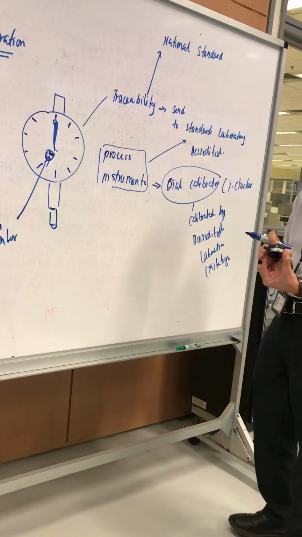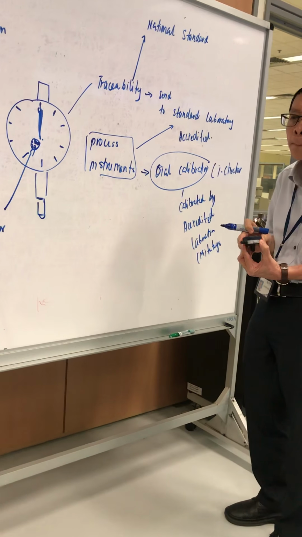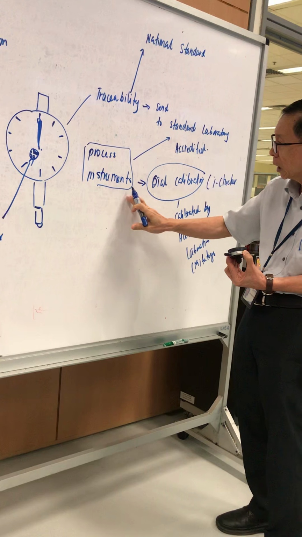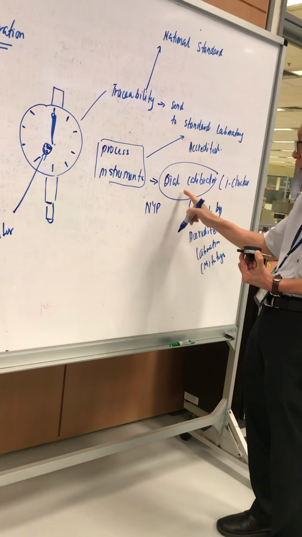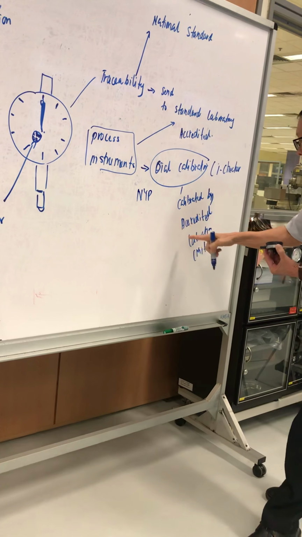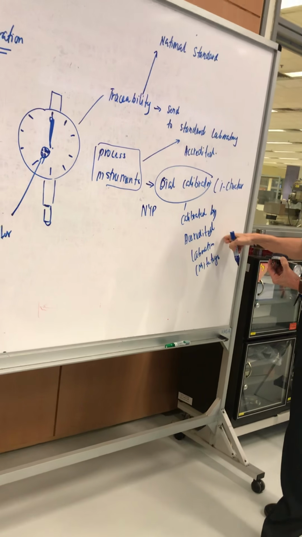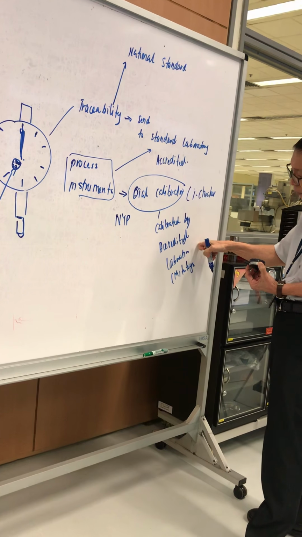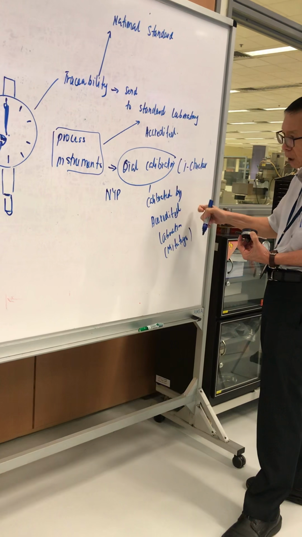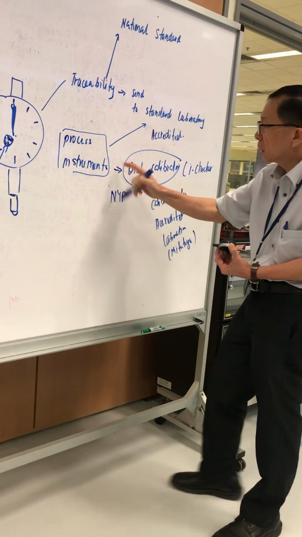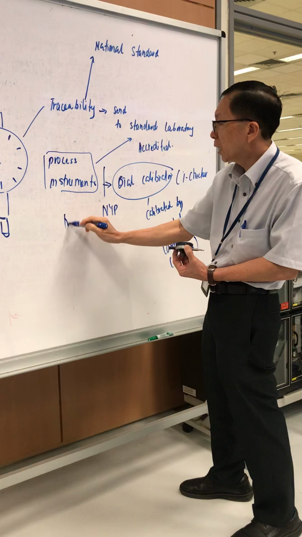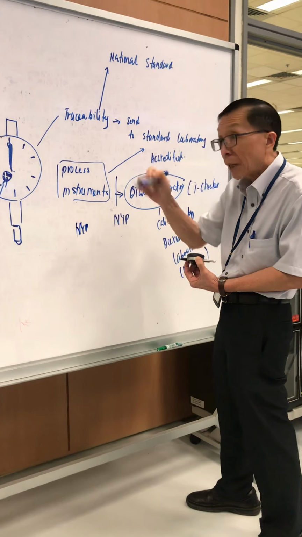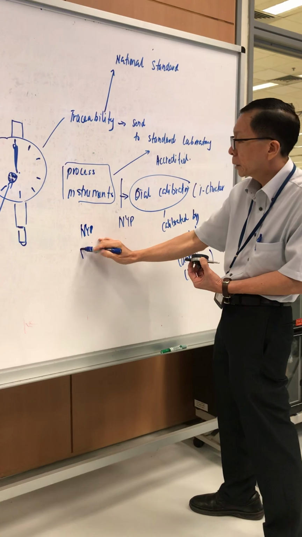Why do you think that we don't have the traceability? If today we calibrate in NYP, although this is calibrated by Mitutoyo, which is an accredited laboratory, over here there's no link. There's a broken chain here, because our lab here in NYP is not accredited.